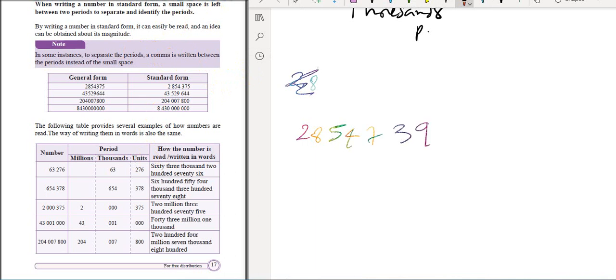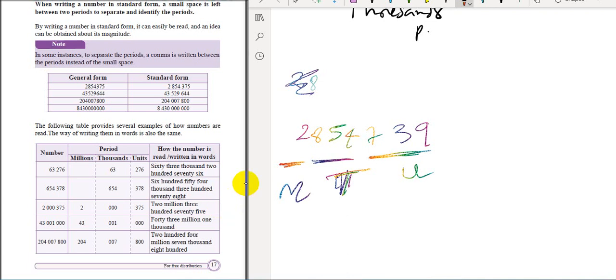I'm going to write like this. This is 3 and this is another 3. This is another group. So this is the unit period, this is the thousands period and the millions period, and the next one is the billions period.